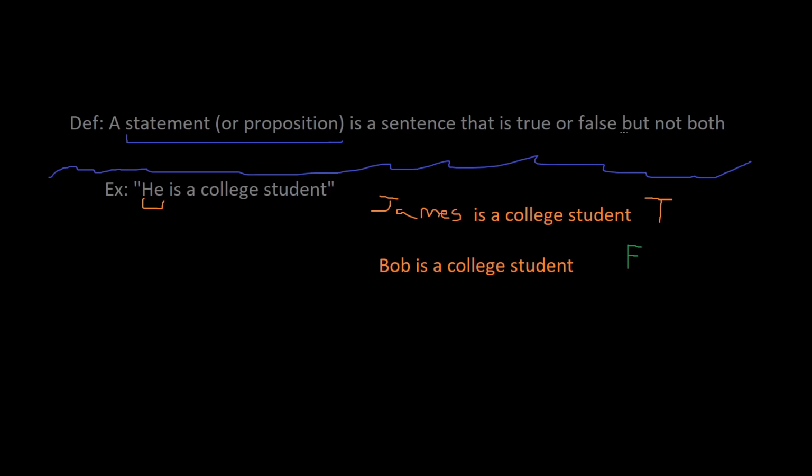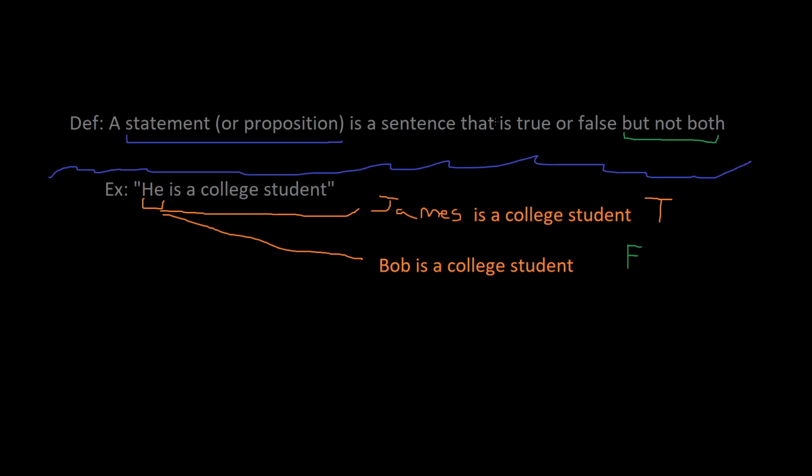And so all of a sudden we have a sentence that can be both true and false, right? Because we don't know who he is relating to. We don't know if he is James, he is Bob, he is someone, whatever other names. And so we could establish this is not a statement.